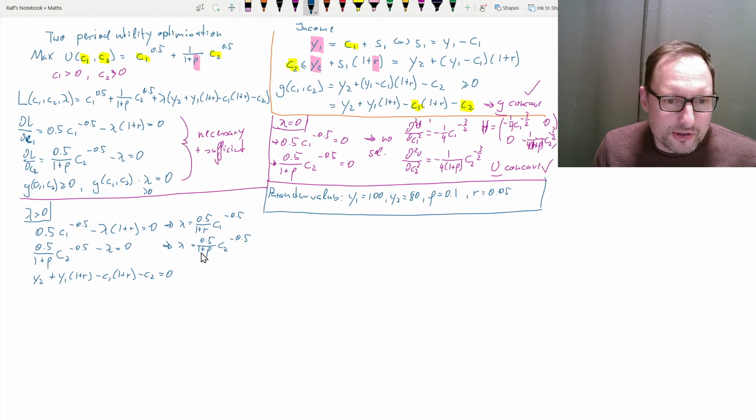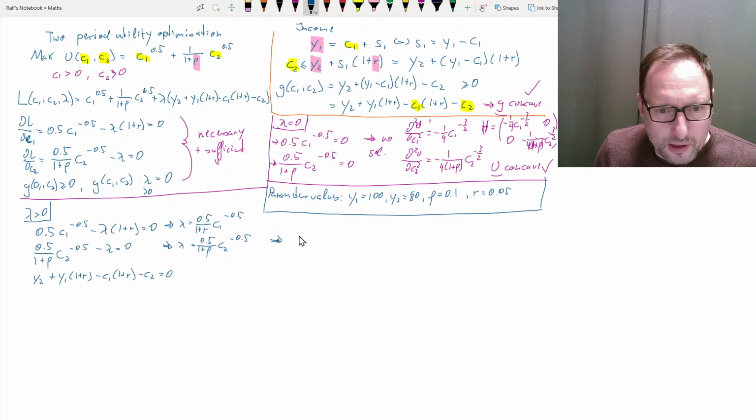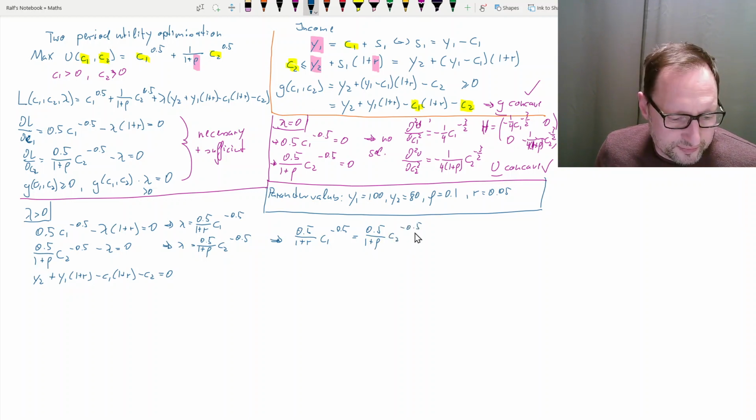If we now set the two right-hand sides equal to each other, we get 0.5 divided by (1 plus r) times c1 to the negative 0.5 is equal to 0.5 over (1 plus rho) times c2 to the negative 0.5.